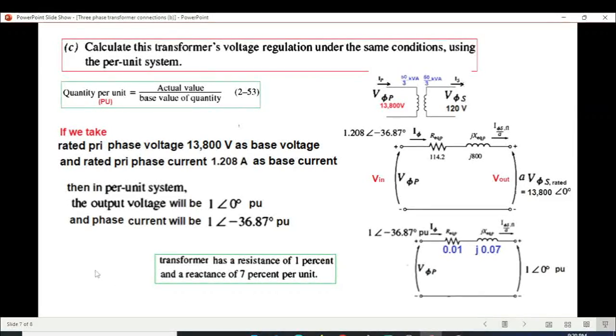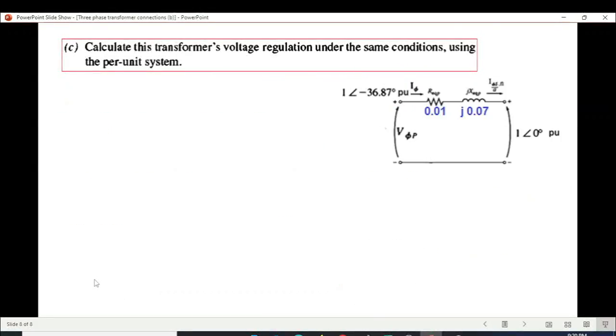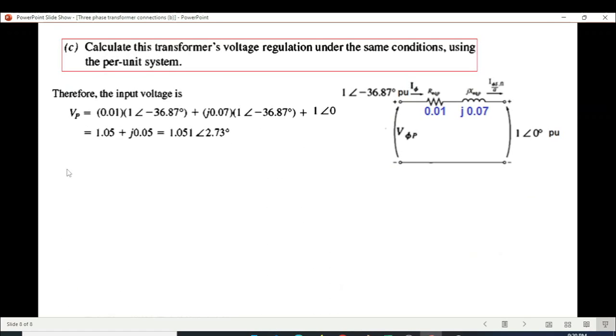Now we can apply the KVL method to find V phase primary. So by KVL, from here we can write this. I hope you can follow this. The resistance multiplied by the current, reactance multiplied by current, and the output voltage. So this is our answer for the primary voltage.